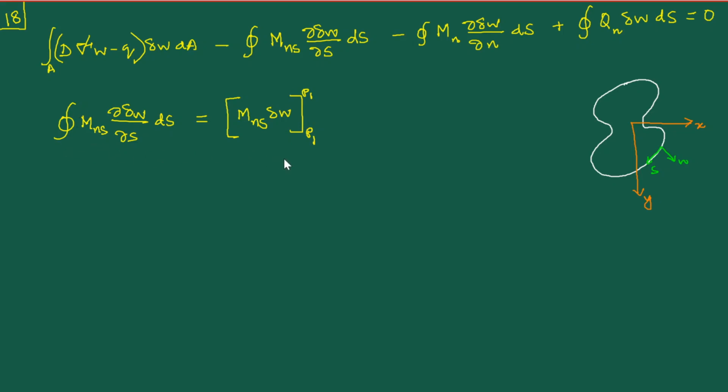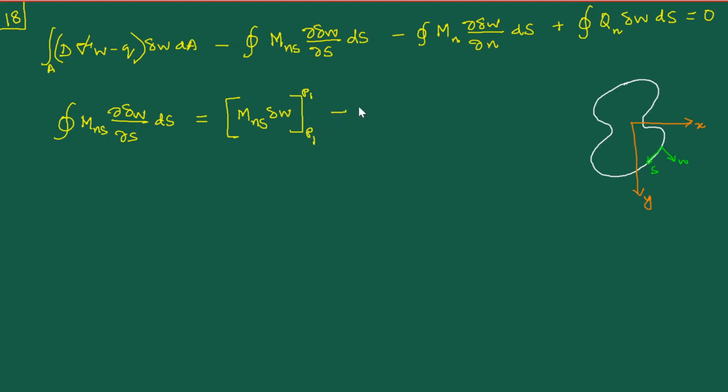Okay, and we are actually starting from a point and coming back after traversing the whole contour to the same point. That is why the lower limit is p1, the upper limit is also p1, which means that this boundary term is basically going to be 0, because no matter what the value of this mns delta w be, we do not know what it is, but whatever its value is at p1, it is the same value at p1, so we're basically subtracting the same thing from itself.